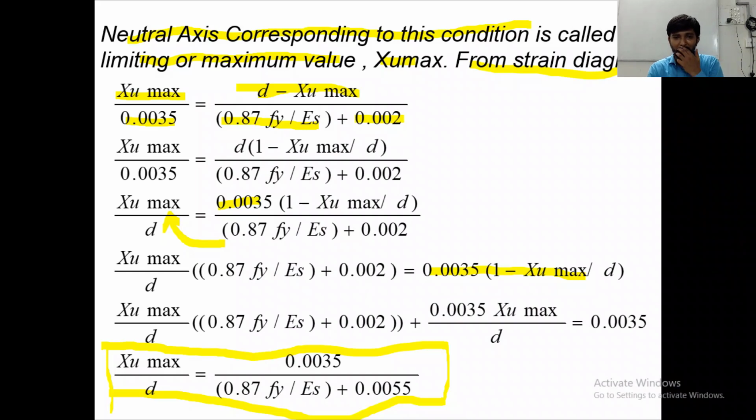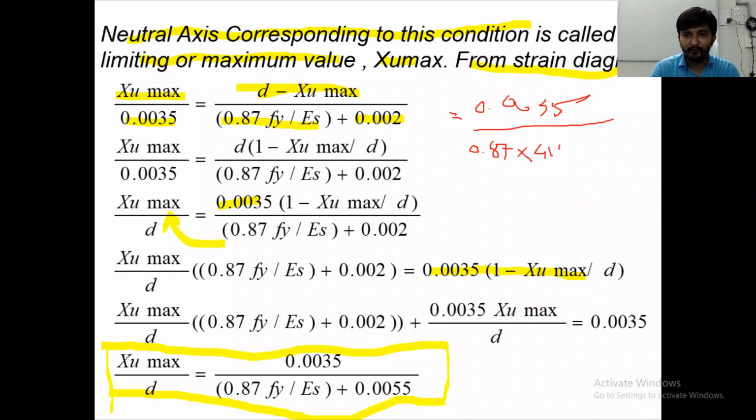Now let us calculate the value of XU max divided by D for Fe415 grade steel. So let me just write down here. XU max by D will become 0.0035 divided by 0.87 multiplied by 415, because Fy is 415, divided by Es.